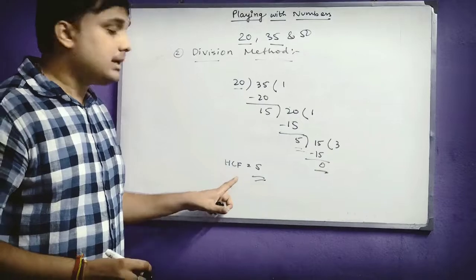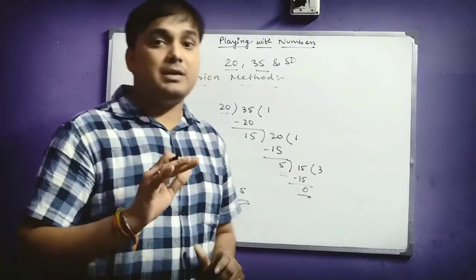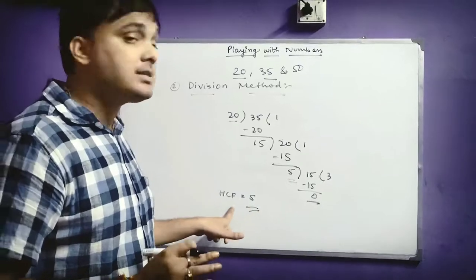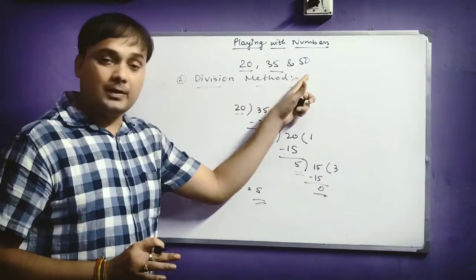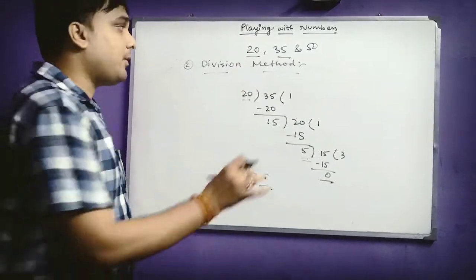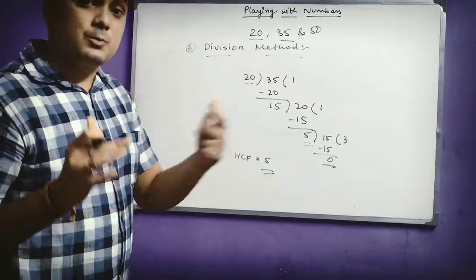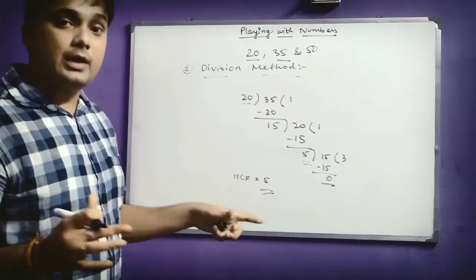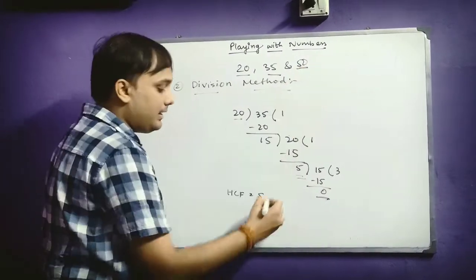Now students, this is not our final answer. Though we know that our answer is 5, still I cannot say that this is my final answer, because I have not even calculated with 50. So the rule is, first you have to find the HCF of the first two numbers. Then, at the second step, you will find the HCF of the third number and the answer you got over here.